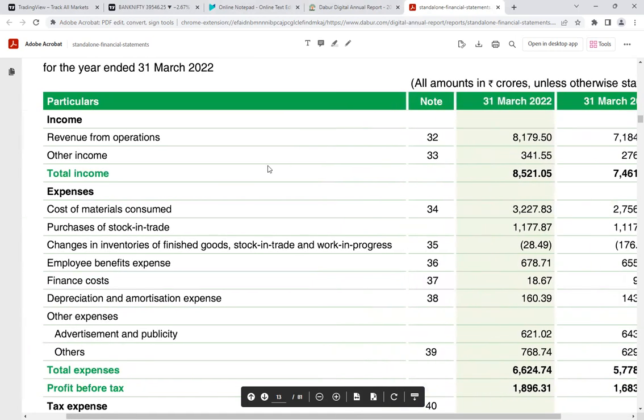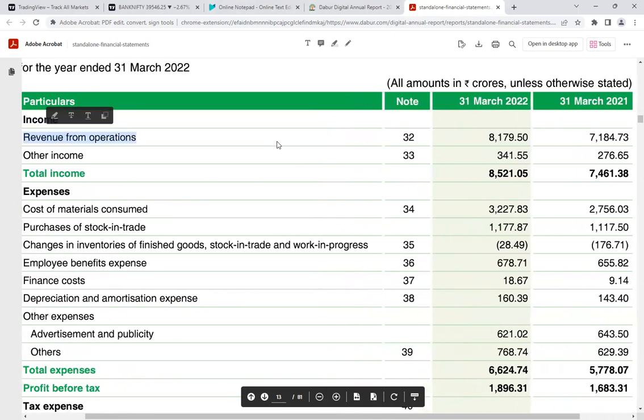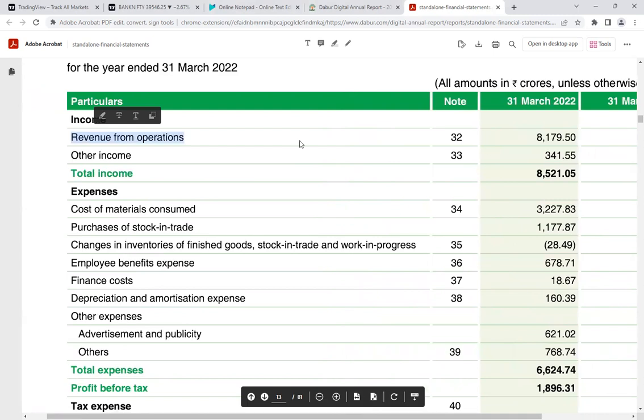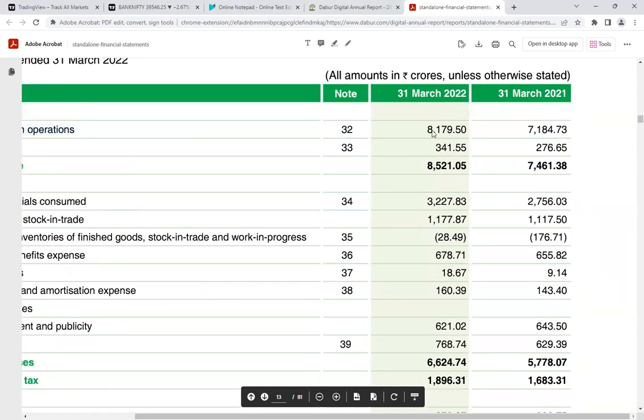Now under income, we can see revenue from operations. This means the company's performance from its basic core business. For example, Dabur has its own products, right? After selling its own products, the revenue generated from operations is 8,179.